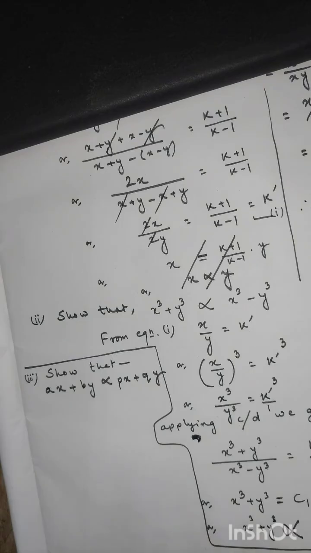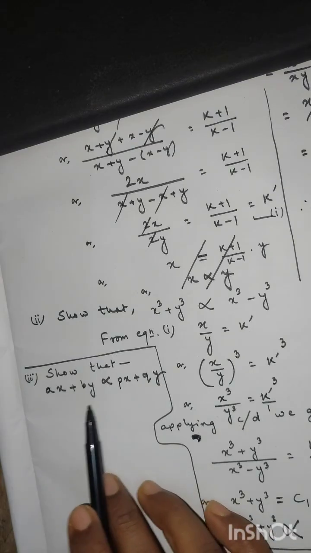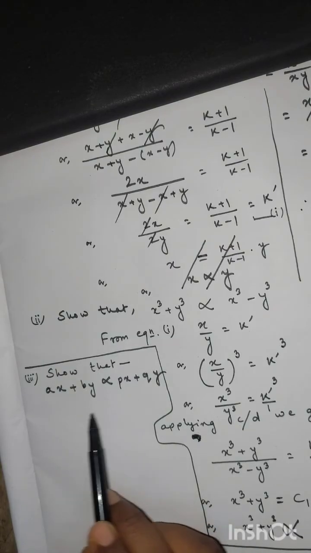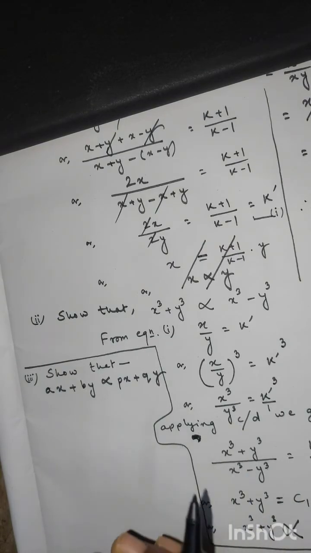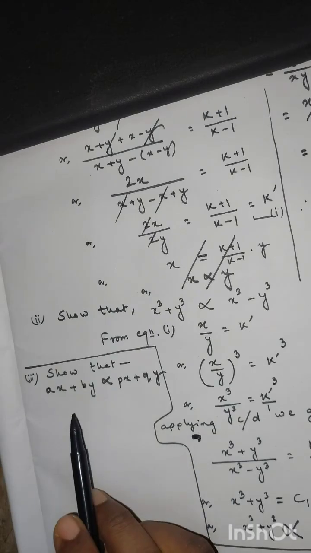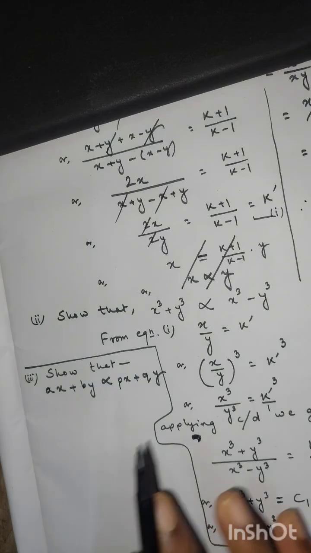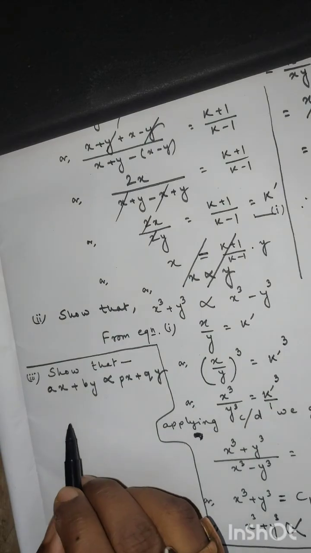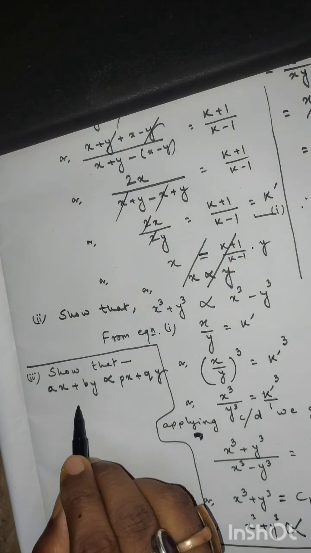So if we can show that the ratio of these two quantities is a constant, we can infer from that these two quantities will be directly related to each other. Now let us try to prove that. We have to prove the ratio is constant.